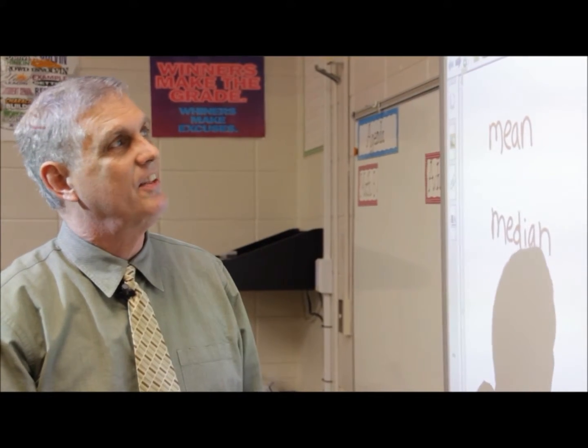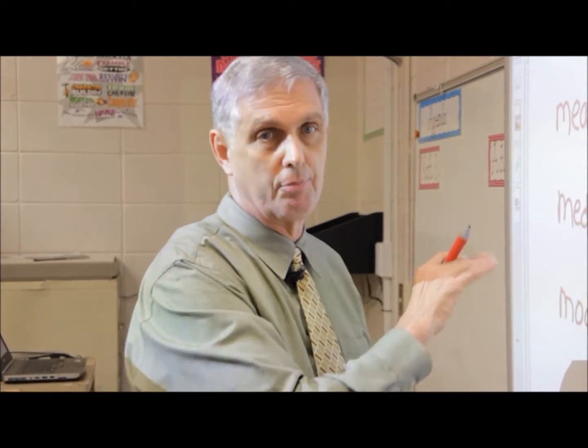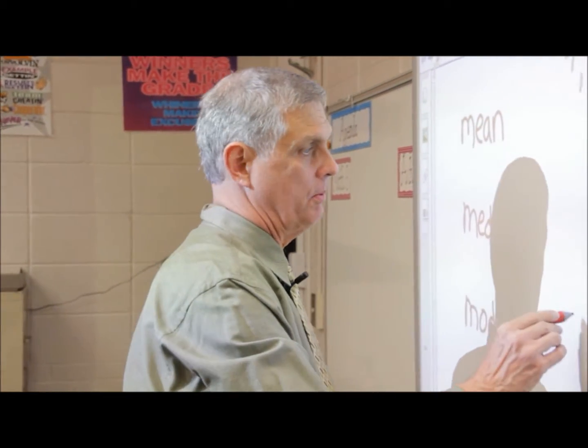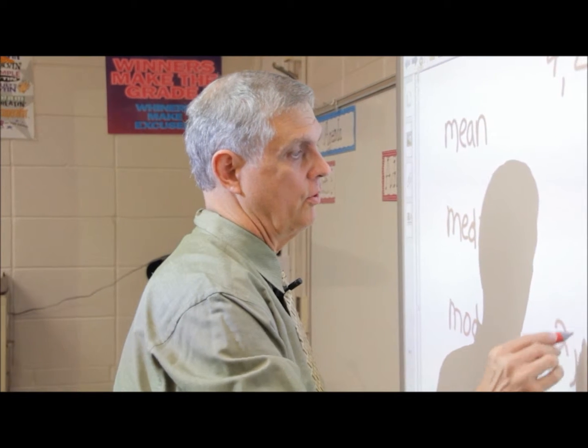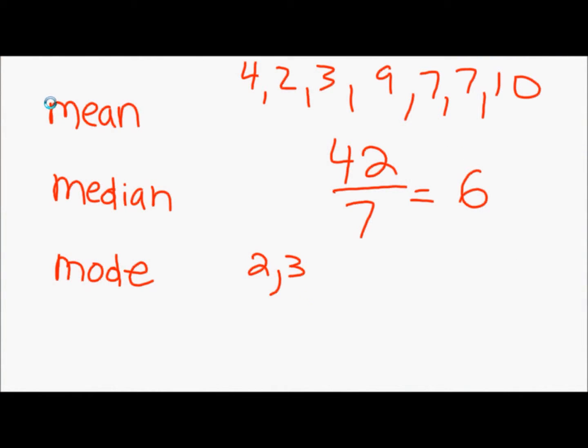Now, what would be the median of that same information? Well, when you do median, what you have to be careful with is you have to first put them in proper order from the smallest to the largest. So we would rewrite this as 2, 3, 4, then we have 7, 7, 9, and we got 10.